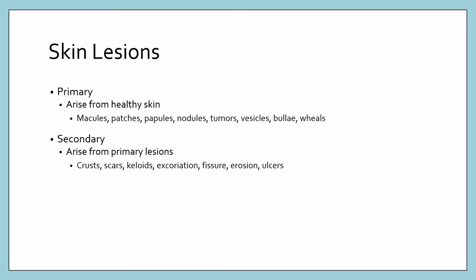Excoriation, for example, could arise from friction, something rubbing the skin. Fissures are generally when the skin is dry and cracked, and you can open a fissure. So make sure that you know how these things arise.